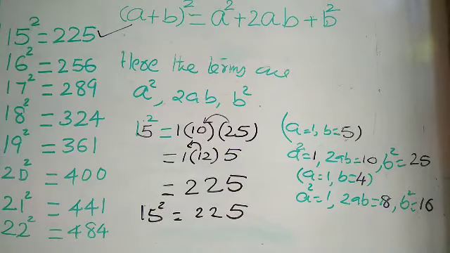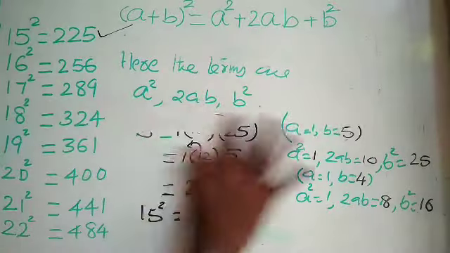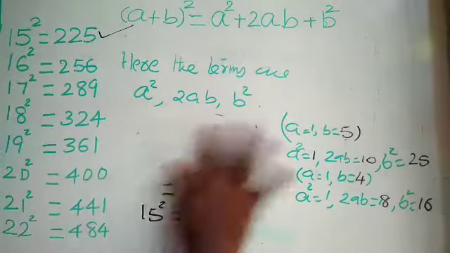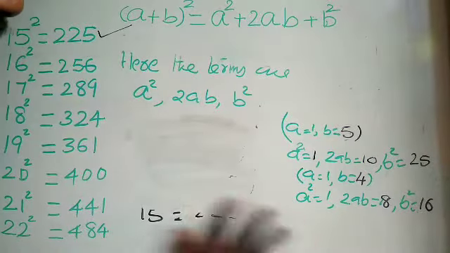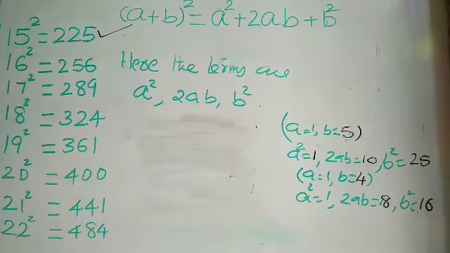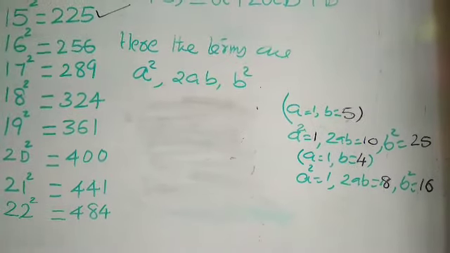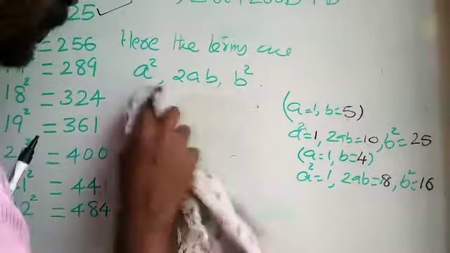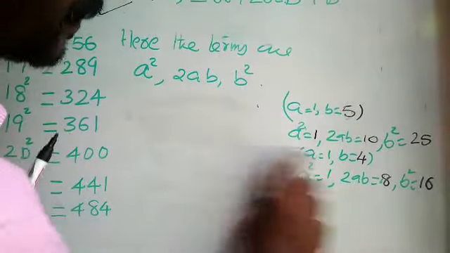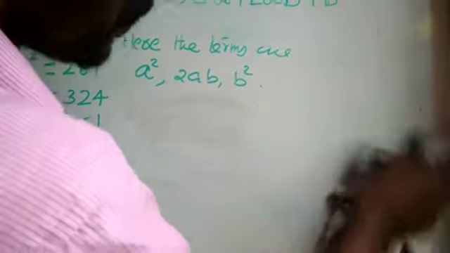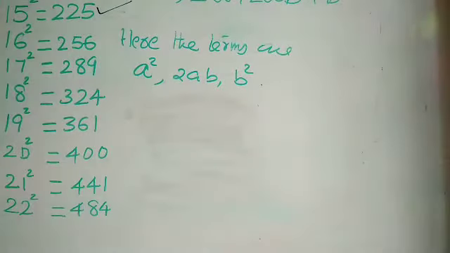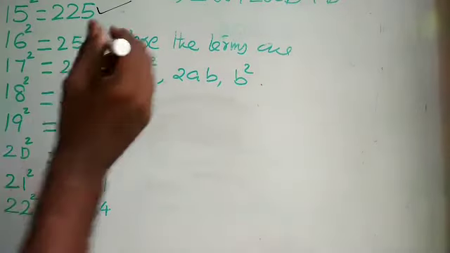Now we must take this for 16 square. 16 square, it is already proved. 16 square is 256. We have to check whether we are getting this or not. Here a equals 1 and b equals 6.